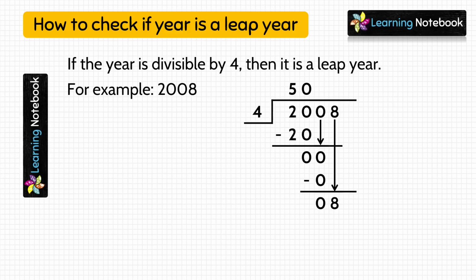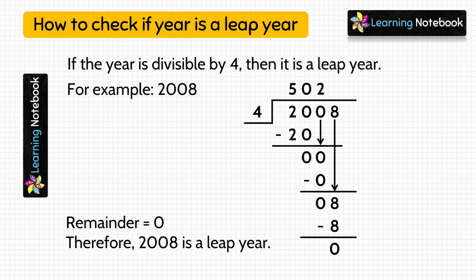We know 4 into 2 equals 8 and 8 minus 8 equals 0. So here students, we have got the remainder as 0. So it means year 2008 is divisible by 4. Therefore, 2008 is a leap year.